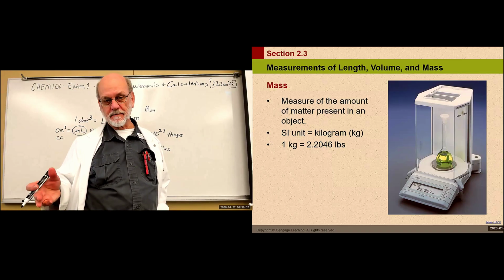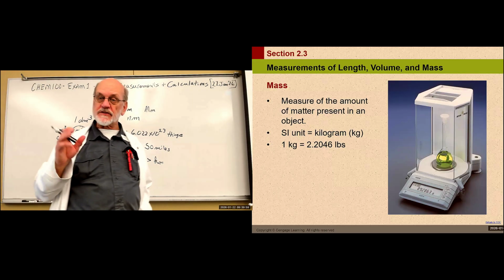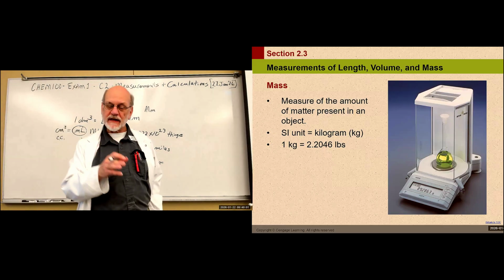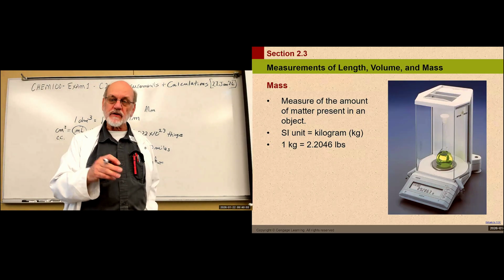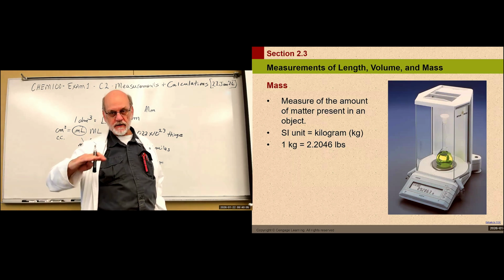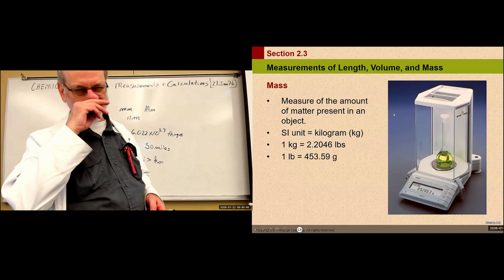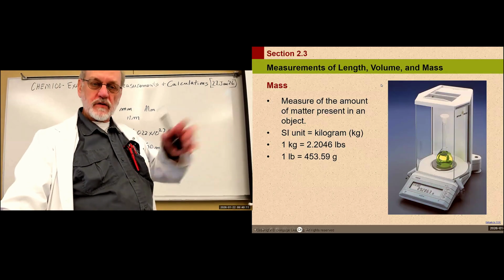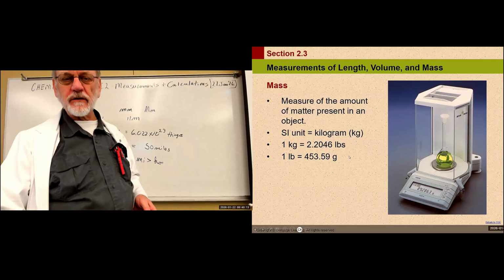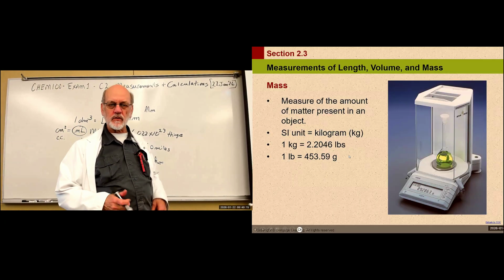It's a force. So we have to stipulate that 1 kilogram is equal to 2.2 pounds only at the surface of the Earth. And we could go the other direction. Now, how do we get 454 grams equals a pound?